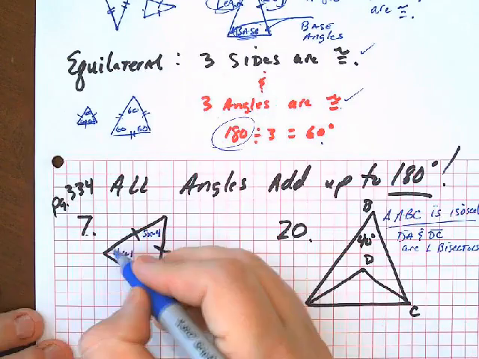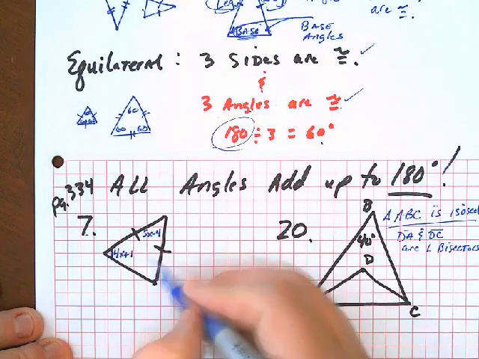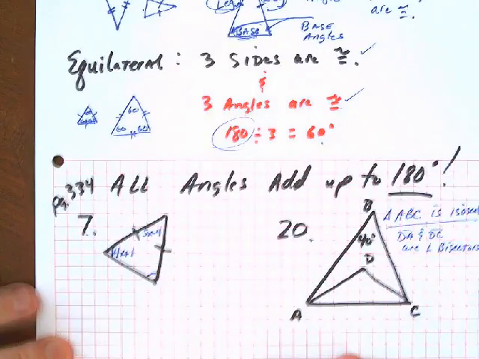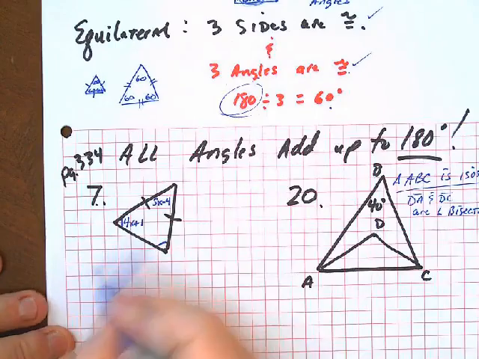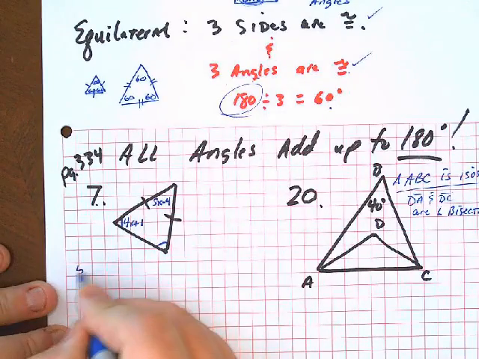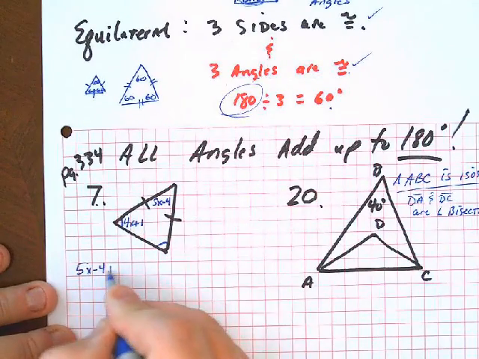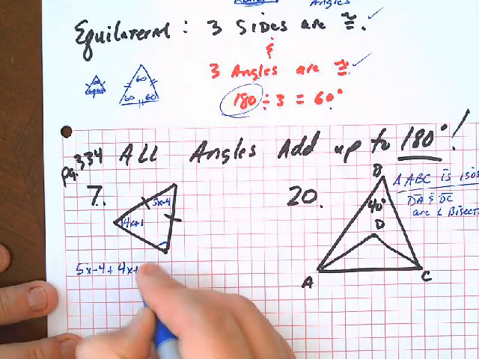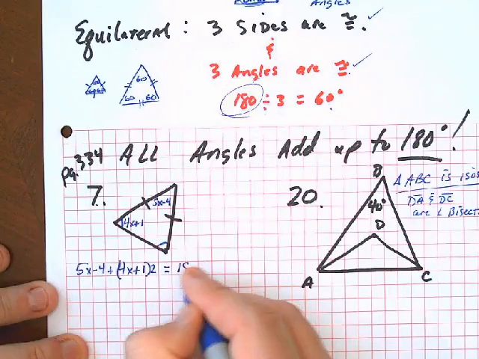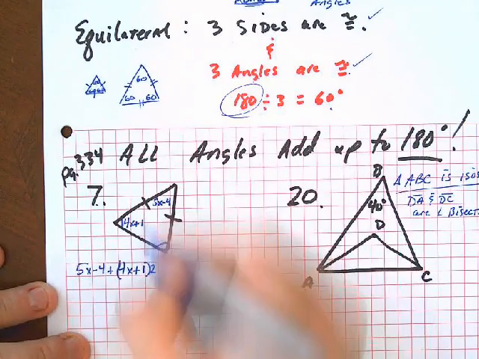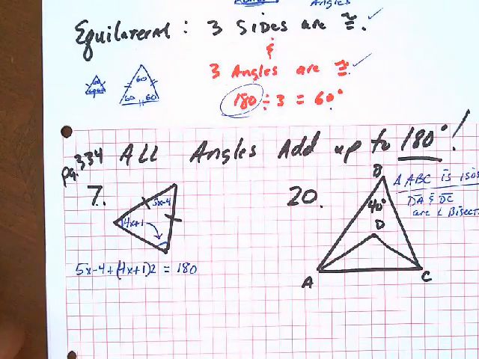So this angle right here and this angle right here are the same. If we add these three angles together, I would have 5x minus 4 plus 4x plus 1, multiplied by 2, and that's equal to 180. Why did I multiply this one by 2? Because both of those are the same.